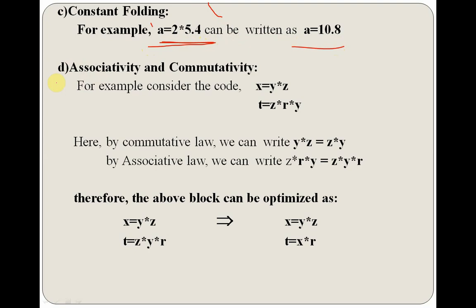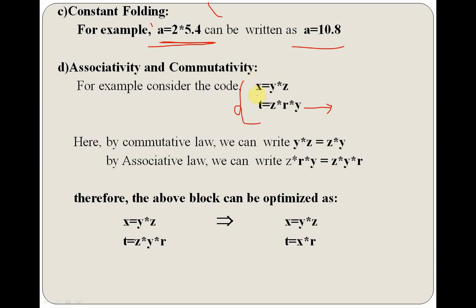Fourth one, by applying associative and commutative rules, we can also simplify the code sometimes. For example, consider code x equal to y into z and t equal to z into r into y. We can simplify this: the second statement can be written as t equal to y into z into r, and y into z can be replaced by x.